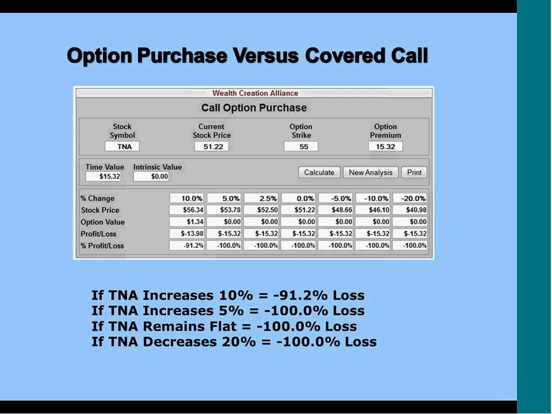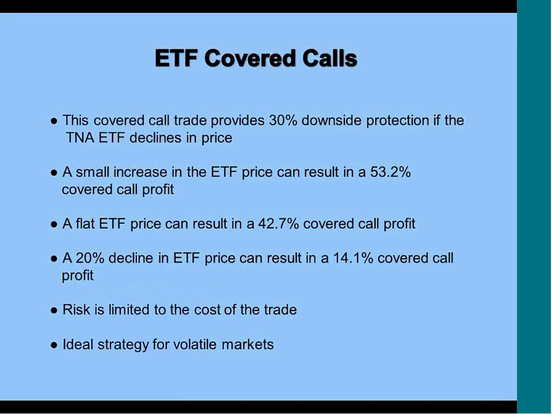So what this demonstrates is the difference between a covered call and an option purchase. With a covered call, the underlying ETF doesn't have to go up in price, and you can still profit. In this example, if the ETF was flat, I get a 42% return. Even if it declines 20%, I still get a positive return.